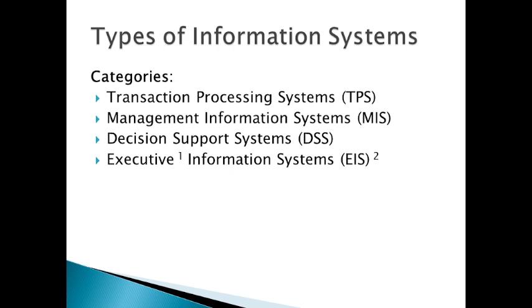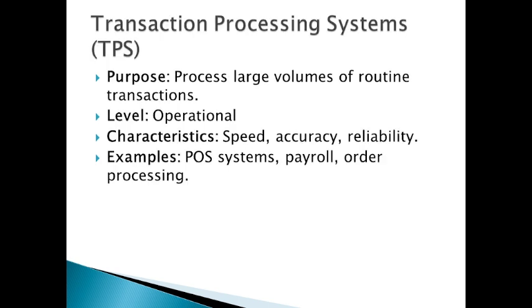The first category is the Transaction Processing System, TPS. TPS are the backbone of many organizations, handling the high volume of routine, day-to-day transactions. These transactions are the fundamental activities of the business. Now, the purpose is to efficiently and accurately process large volumes of repetitive transactions.